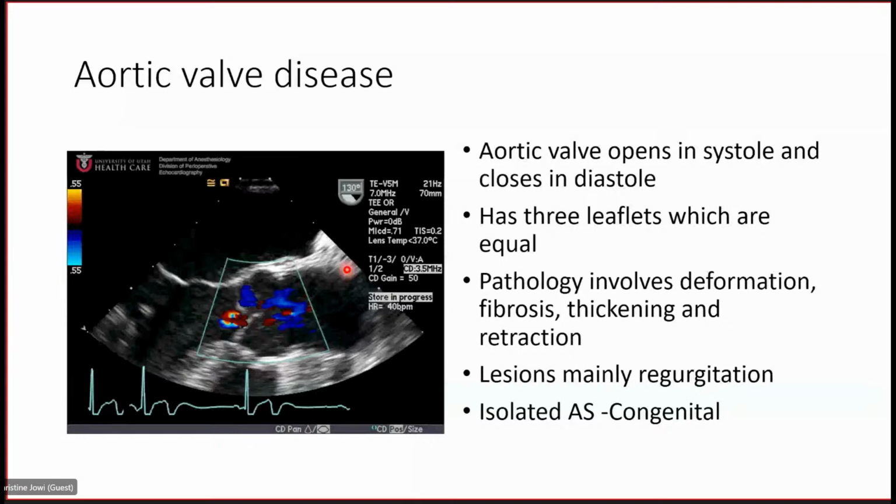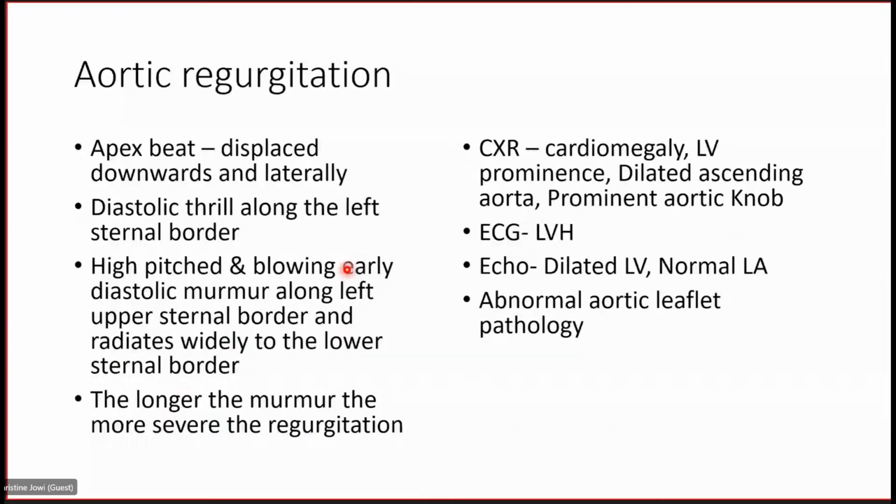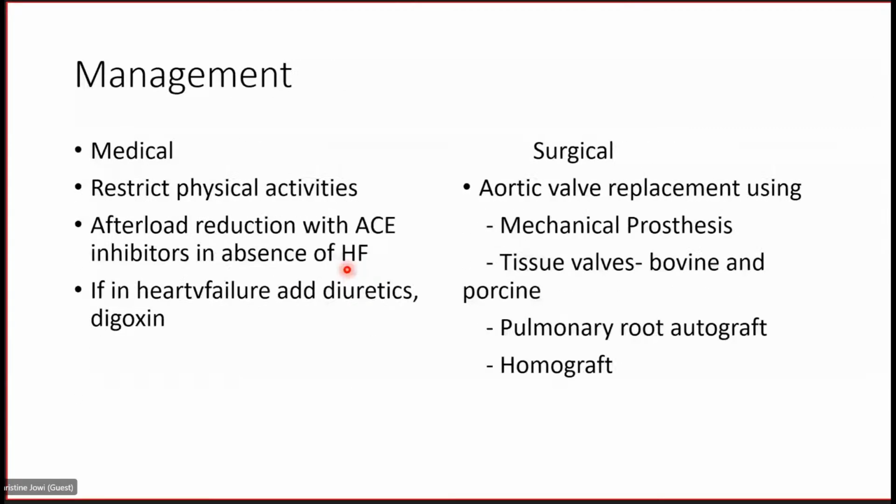Chest X-ray just shows us a very big heart. The pulmonary vascular markings are not affected. The aortic valve is difficult to treat. Medically, we might slow the heart rate, restrict physical activity, and make it easier for blood to go to the systemic circulation by giving ACE inhibitors.